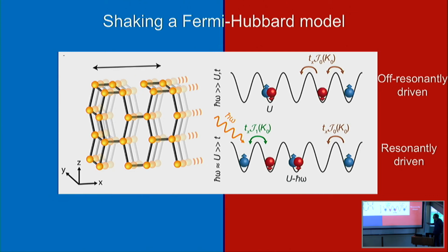If you resonantly drive, you also change the hopping term, but you also have a density-induced hopping, and you effectively change your U by exactly this frequency.